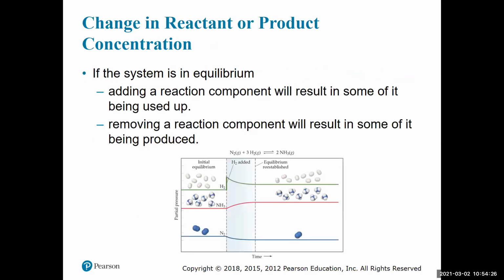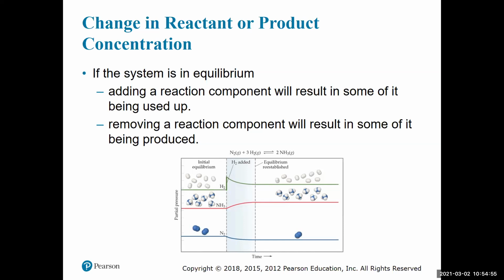Okay, so from a qualitative perspective, we can predict what's going to happen. Remember, qualitative, we're not doing a calculation now, we're just saying if this happens, then what's going to be the result. Well, the key to this is remembering how we write those equilibrium expressions. It's products over reactants, right?